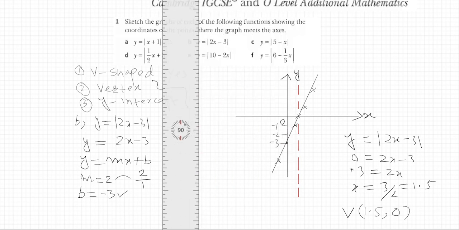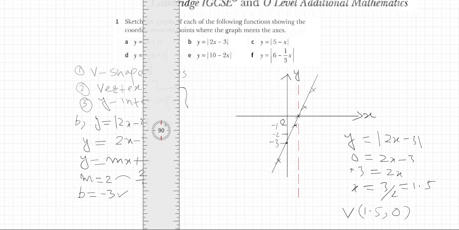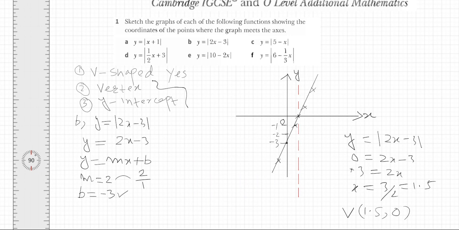This is our mirror line. And now reflect. Take this point. How many squares is this point to the right of the mirror line? 1.5. So 0.5 and 1. So the first point is this one.